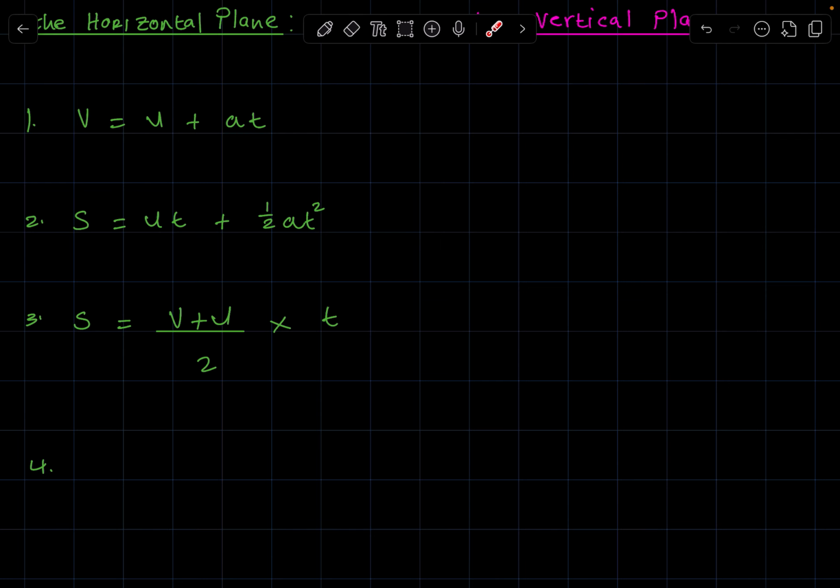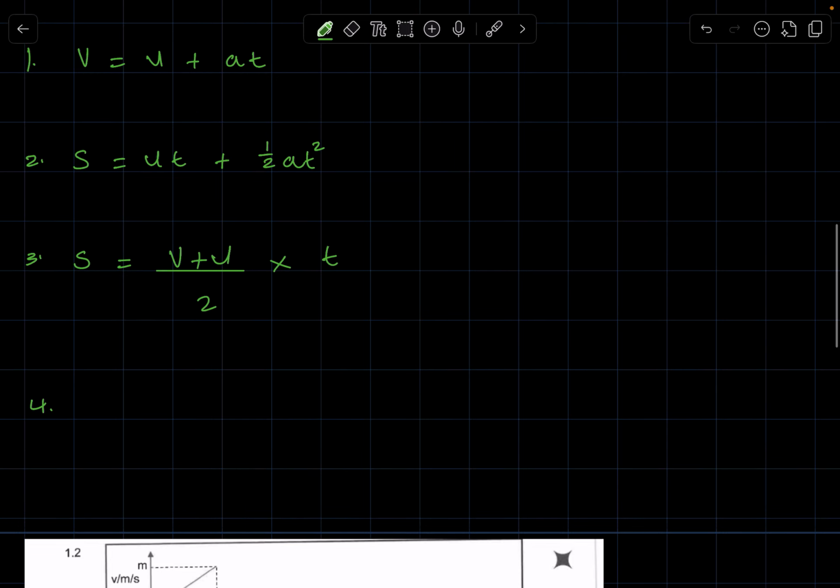This equation came about because they had to come up with an equation that doesn't necessarily need time.